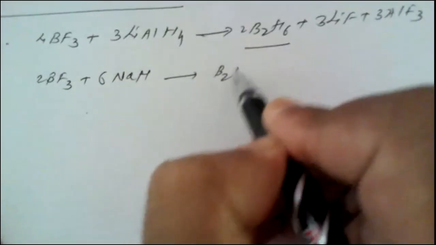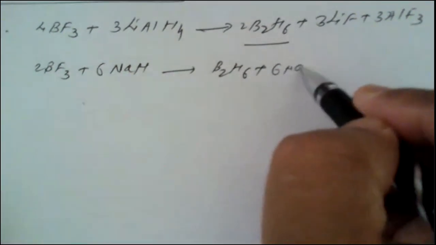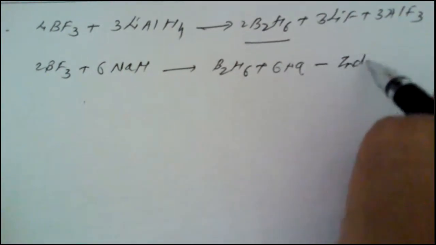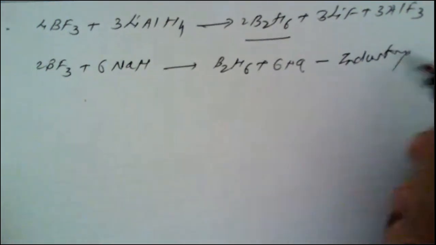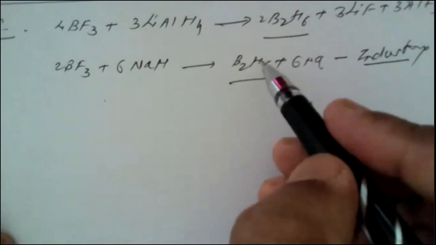Here it gives B2H6 plus 6 sodium fluoride. So this is the product formed when diborane is required on a large scale.